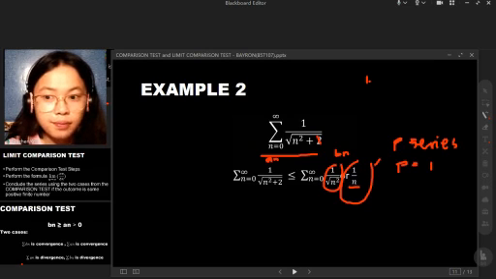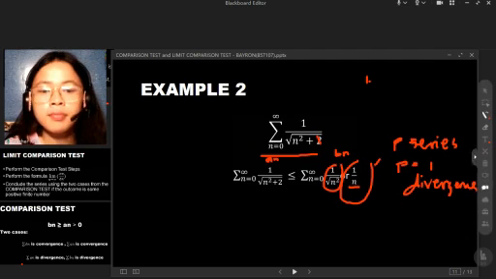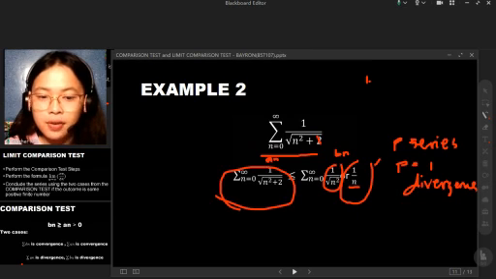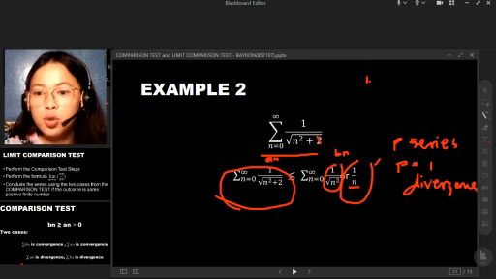Therefore, it is divergence. Now, we can establish that this one is divergence also if we perform the limit comparison test formula.